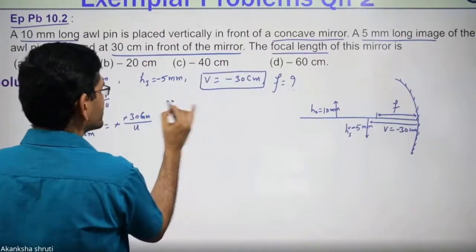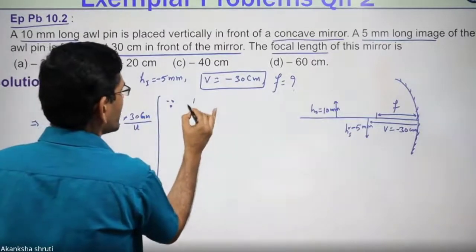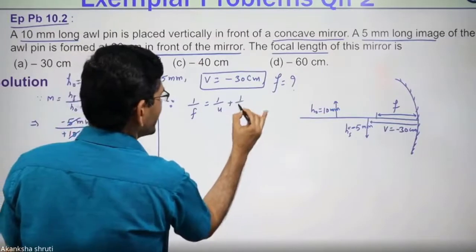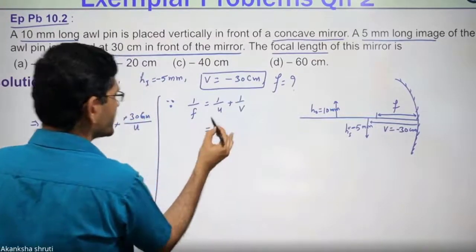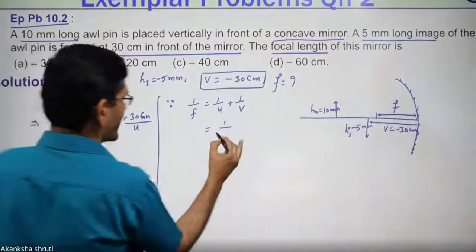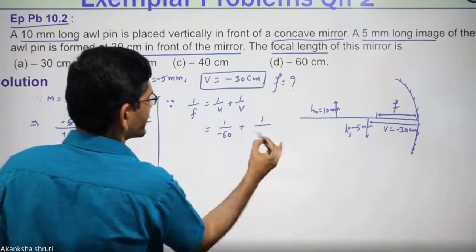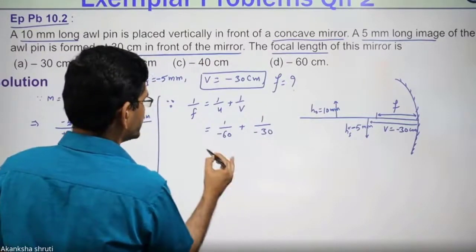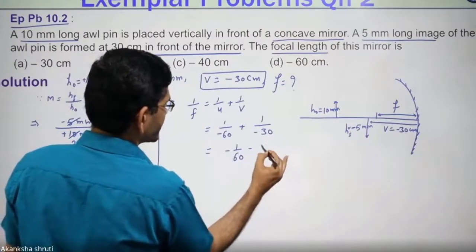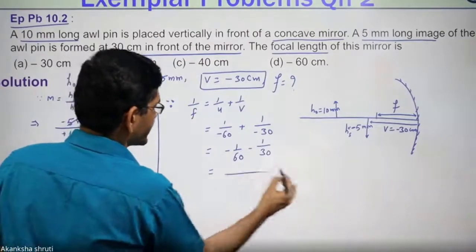Then again you have to write, since by the mirror formula 1 by F is 1 by U plus 1 by V. Now go for substituting along with this sign. 1 by U is our minus of 60 plus the V is our minus of 30. Very easy. Minus of 1 by 60. This is also minus of 1 by 30.